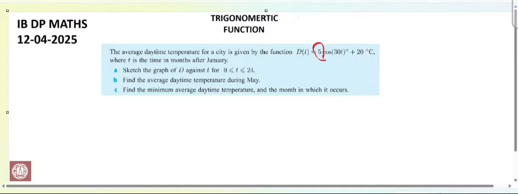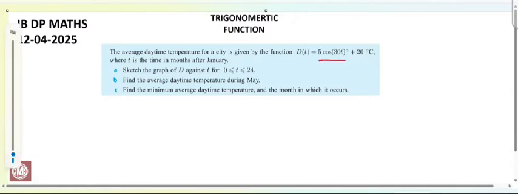Sir, do I put this whole equation in, or just cos x?